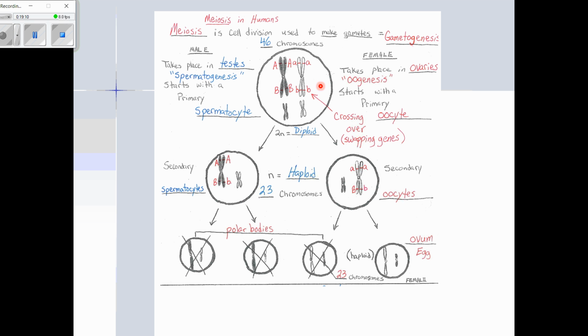It's a little different in men. In men, the primary spermatocytes are continually made. The process of regular mitosis continues to make more and more primary spermatocytes. And starting at puberty, these primary spermatocytes can divide to make sperm. Men typically don't run out of primary spermatocytes.